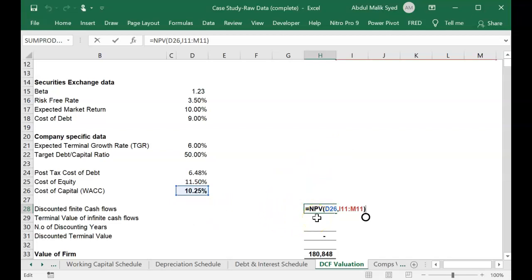Then the infinite cash flows, we can get through a formula. What is the formula we can use?